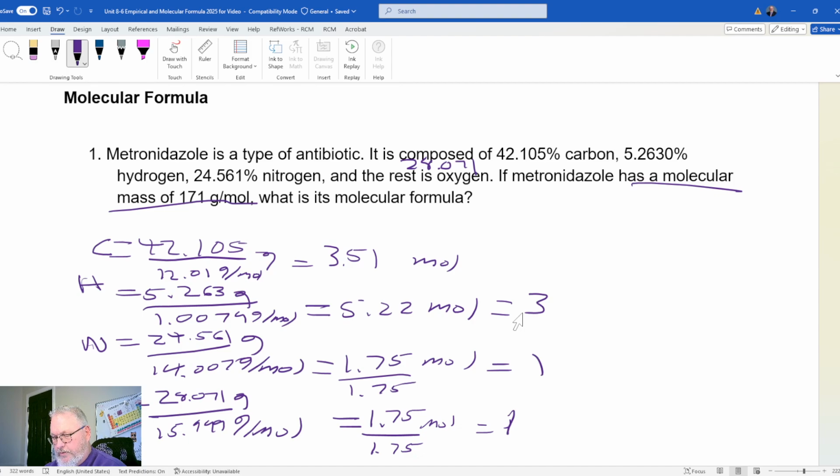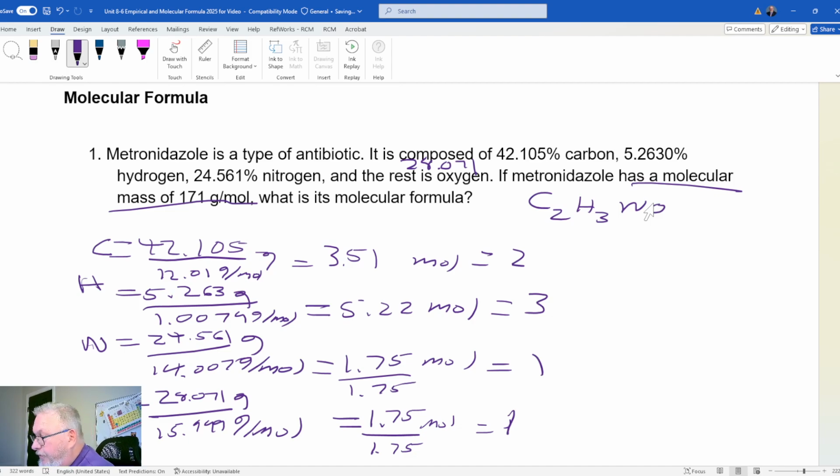So the empirical formula of this compound is C2H3NO. That's the lowest whole number ratio.